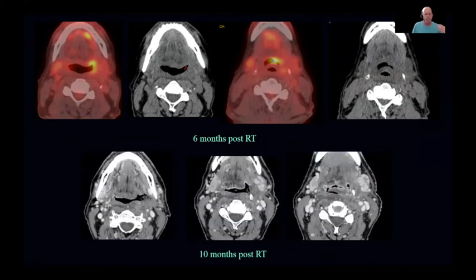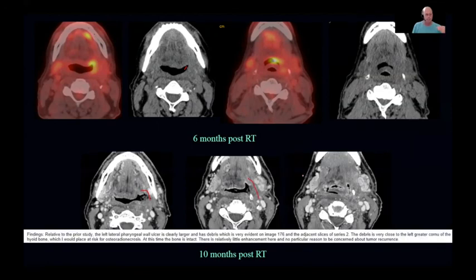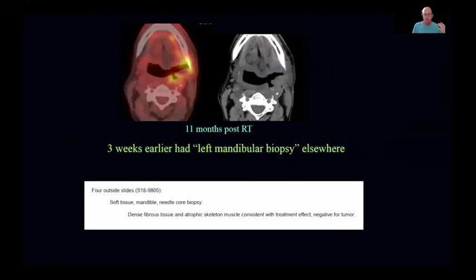And eventually this all kind of coalesced and progressed into a large collection, and I dictated that I was not really suspicious about tumor recurrence, but I was worried about exposed hyoid, and eventually, long story short, this ulceration developed several different prongs to it.